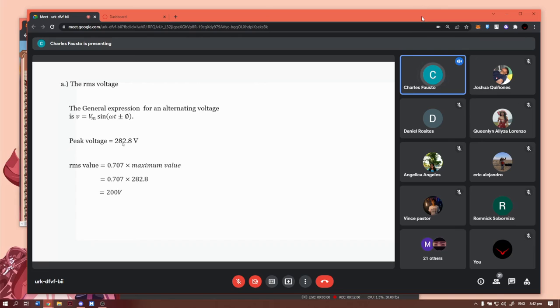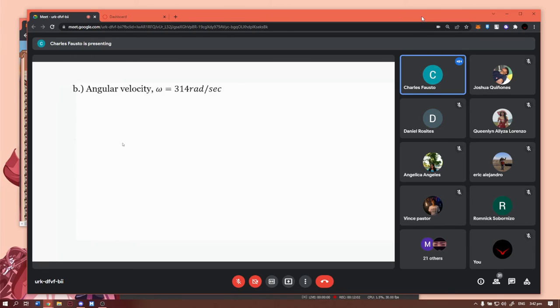Okay, so yung B, angular velocity. So since omega is equal to 314 rad per seconds. So sa pagkuha niya, ito yung equivalent ng ating 2 pi f. No? So ang hinahanap is the frequency.